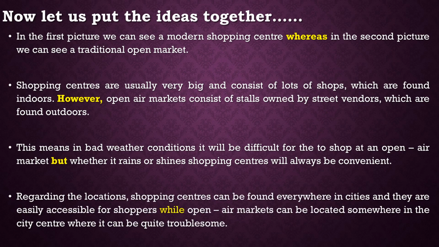Regarding the locations, shopping centers can be found everywhere in cities, and they are easily accessible for shoppers, while open air markets can be located somewhere in the city center where it can be quite troublesome. Okay, so we have looked at 4 ideas. I have more ideas. Let us see.